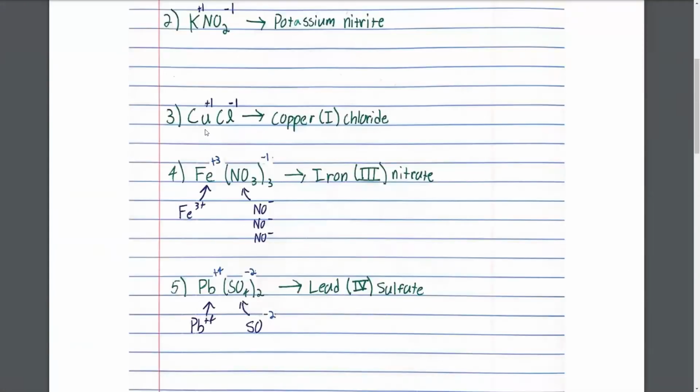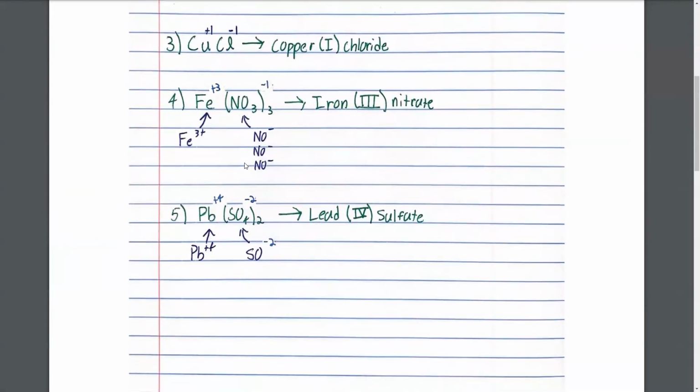So for example, here we have Cu, which is copper, and Cl, which is chlorine. Chlorine would turn into chloride, and we have copper, so copper(I) chloride. For my fourth example, we have Fe, which is iron, and once again NO3, which is nitrate. Nitrate has a -1 charge, it's a polyatomic ion.